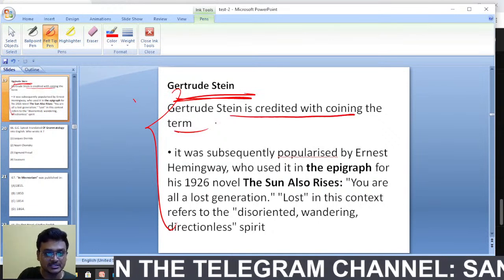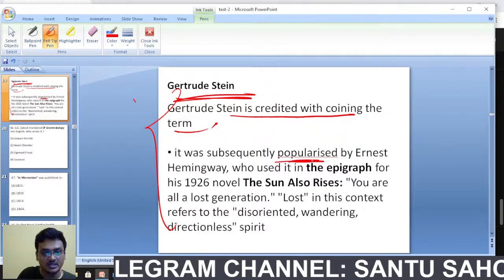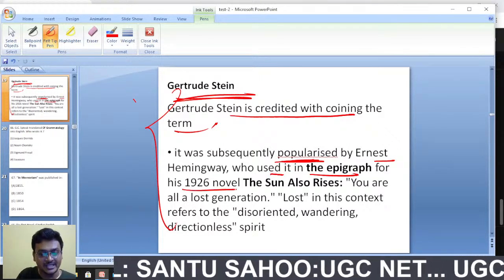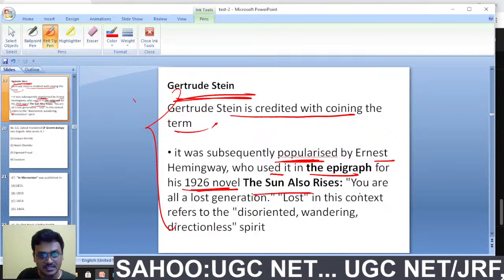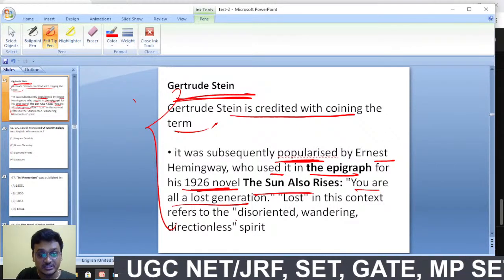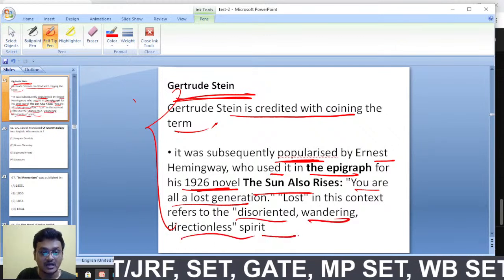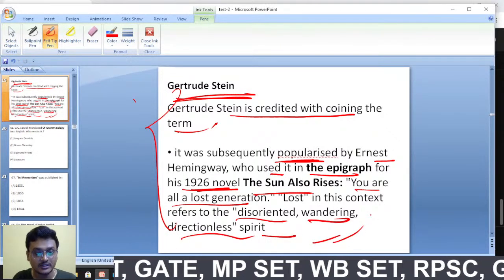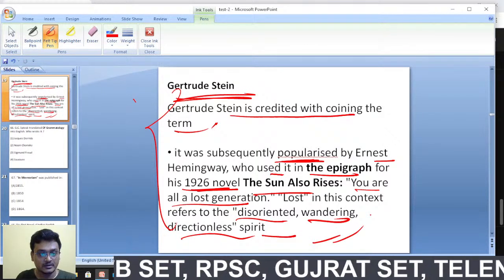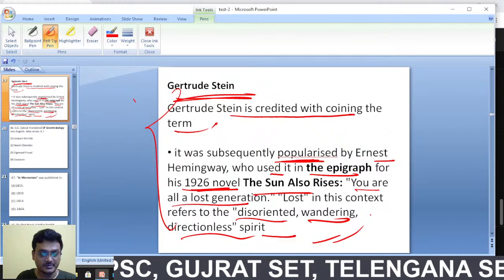Zarathustra is credited with coining the term, and it was subsequently popularized by Ernest Hemingway, who used it in the epigraph for his 1926 novel The Sun Also Rises. That is, you are all a lost generation. Lost means disoriented, wandering directionless spirit after the First World War.